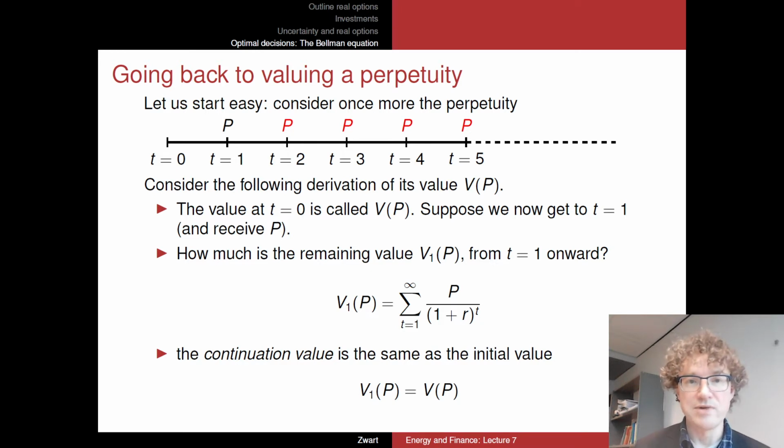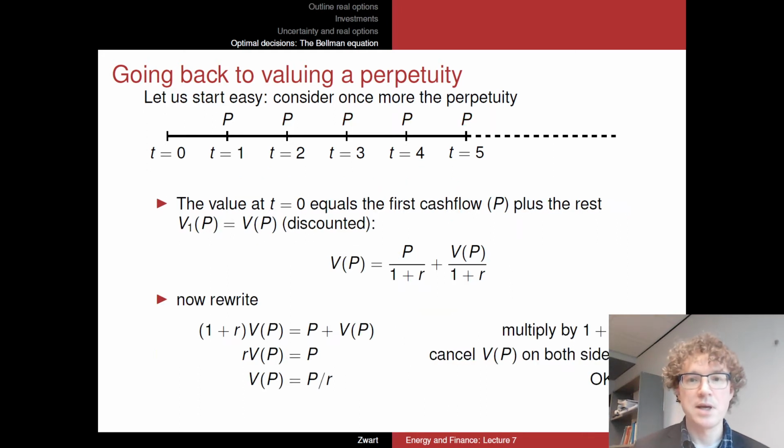So the continuation value, in other words, that we will have in period 1 is exactly the same as the total value that we have in period 0. So can we do something with that? Well, I'm claiming yes. So let me actually do this on paper.